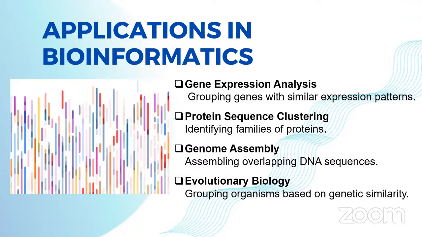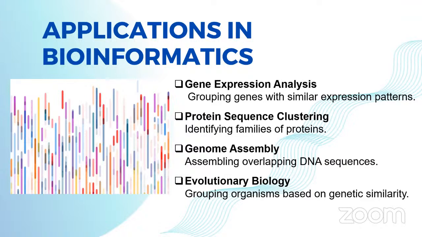Then genome assembly. In genome assembly, for assembling the overlapping DNA sequences, the objective is to reconstruct a complete genome from overlapping DNA fragment reads. Clustering techniques are used to group the overlapping DNA sequences into clusters, which then are reassembled into a complete genome.